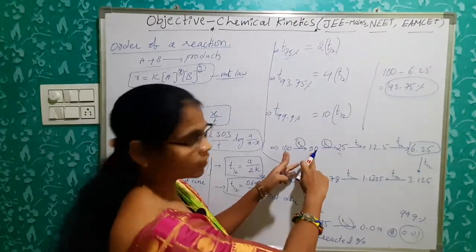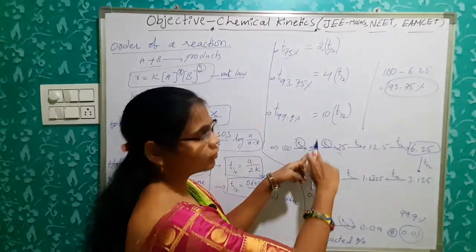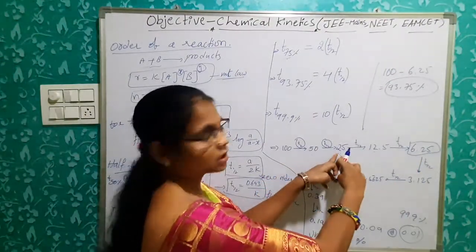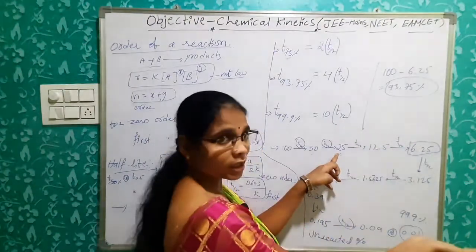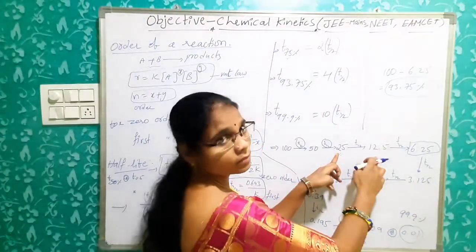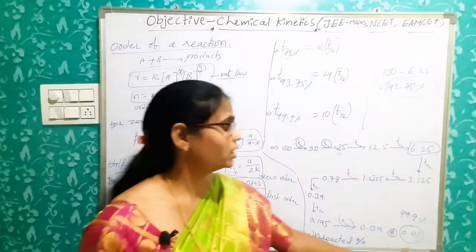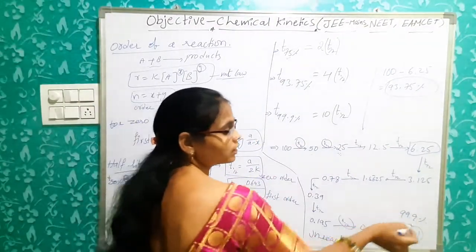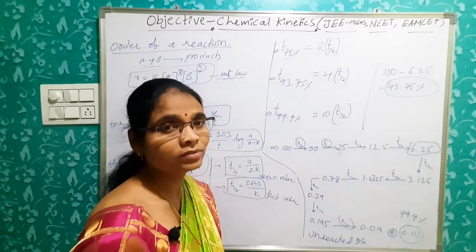In that 50%, 25% disappears, remaining 25%. In that 25%, 12.5% disappears, remaining 12.5%. Finally we get 0.01, so almost all the reaction is completed, 99.9%, not 100%. Clear? That's all.